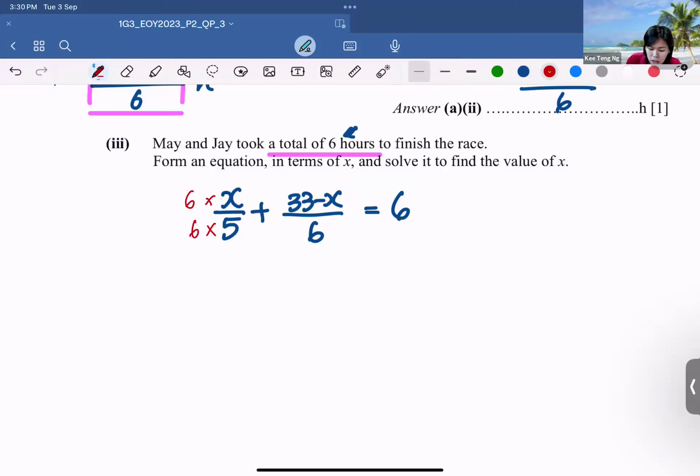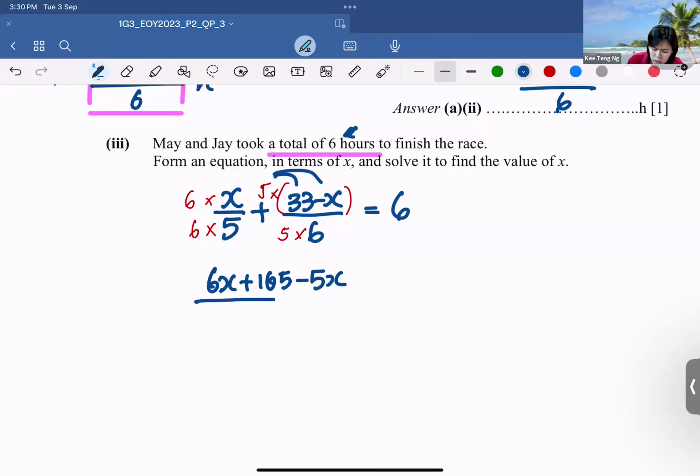Multiply by 6, and the whole expression here multiply by 5. Right? So in this case, we will have 6x plus 5 times 33, 165, minus 5 times x, 5x, the whole thing over the denominator, 30.